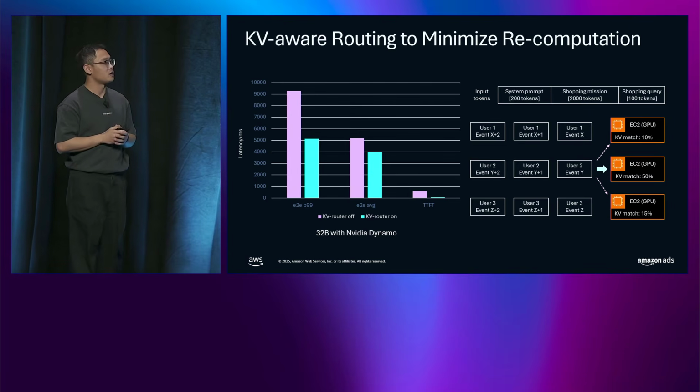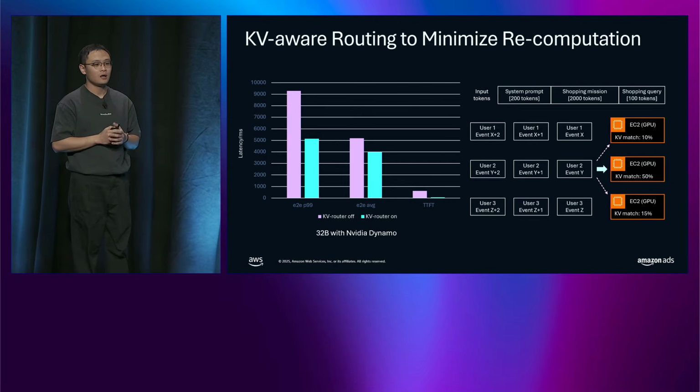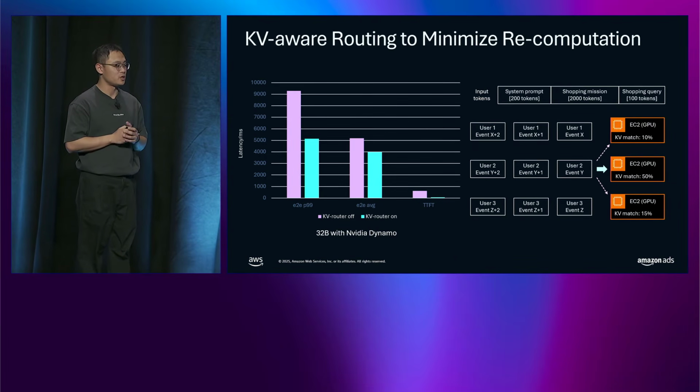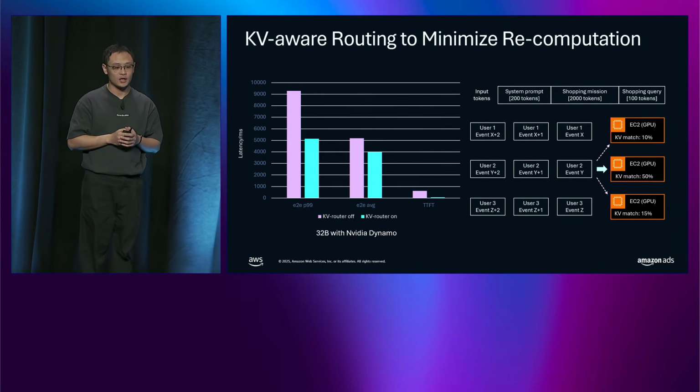Another powerful idea is called KV-aware routing. Still, a little bit of context first. KV cache is a technique used to improve inference performance by storing intermediate results and computation from previously processed tokens.